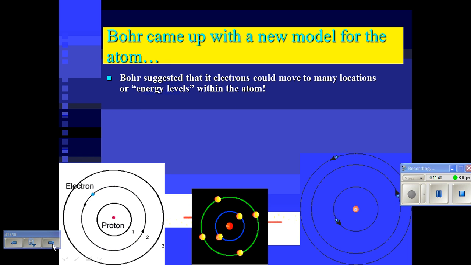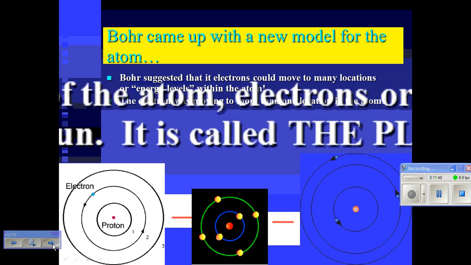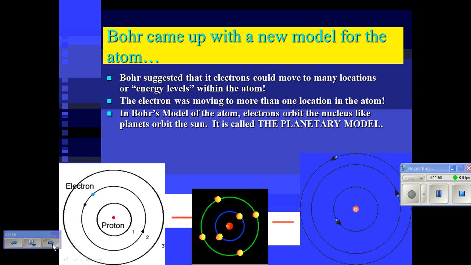This model is called the planetary model because he really thought that the atom just mimicked our solar system, that the nucleus was acting as the sun, and then the electrons were rotating around it. So it was given the name the planetary model because he thought that it was just mimicking what we see there.